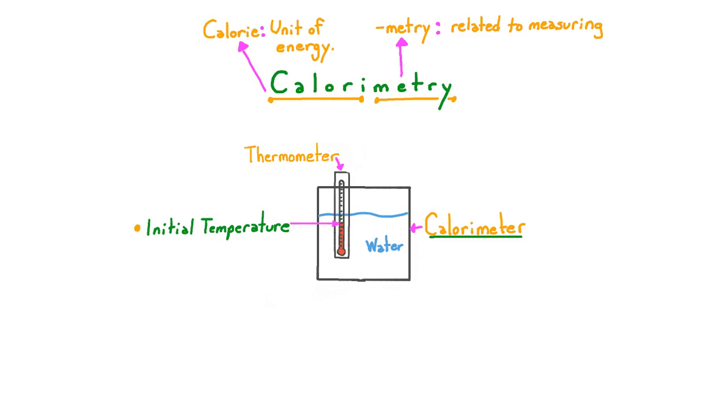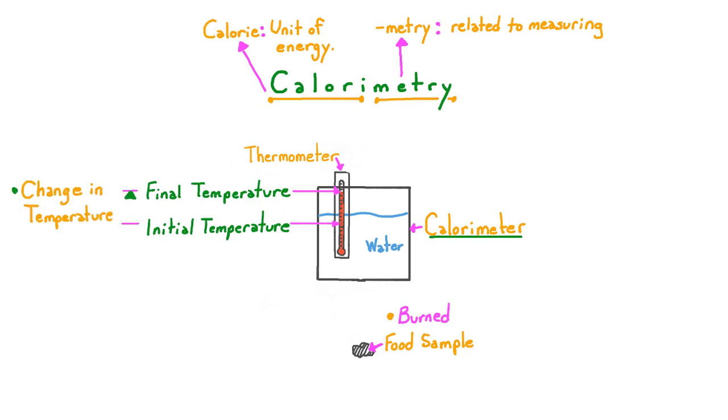Record your starting or initial temperature, and then the fun part, set the food sample under the calorimeter and light it on fire. Once the food is completely burned, record the final temperature. The amount of energy transferred from the chemical energy in the food to the water in the calorimeter is represented by the change in temperature.